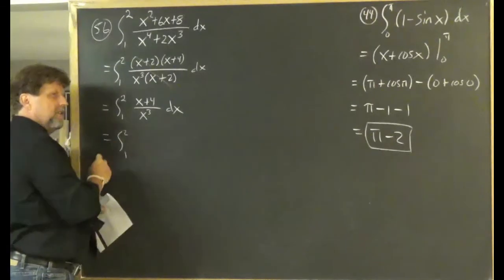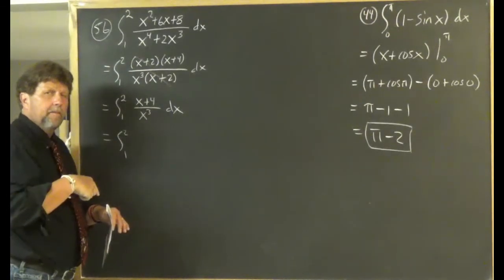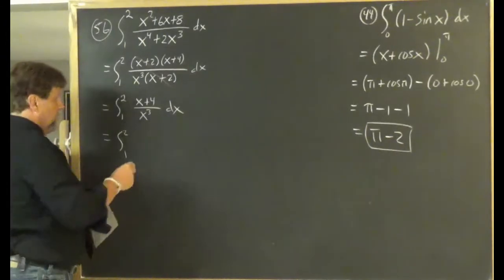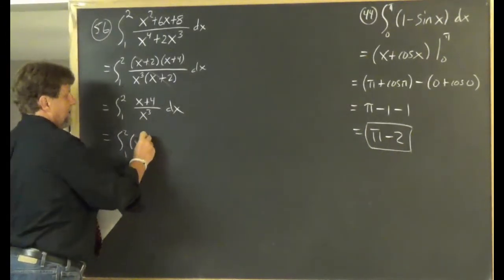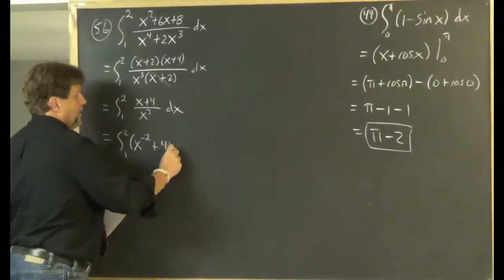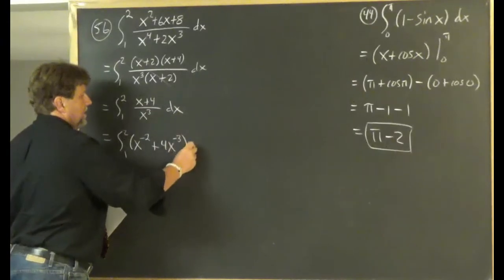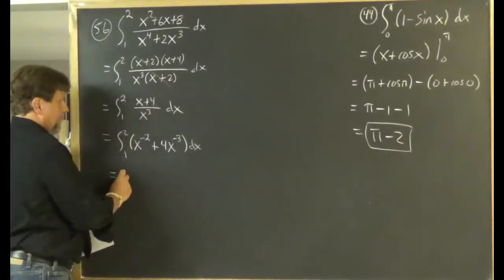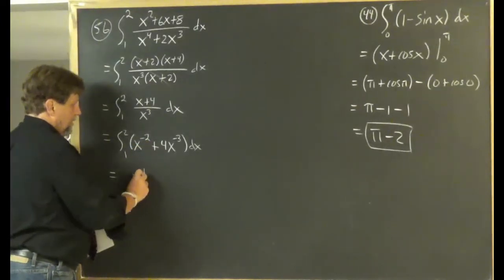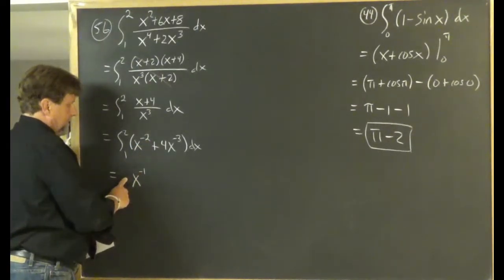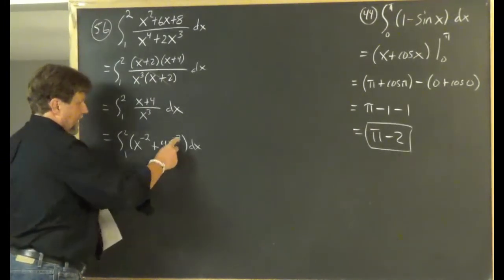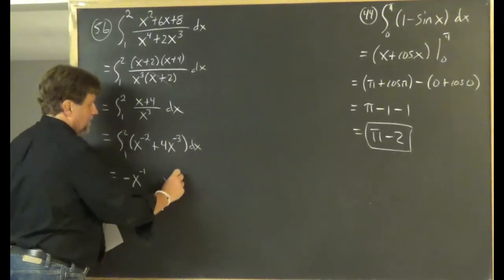Well, x over x cubed, bases are the same, so I would subtract the exponents. So x over x cubed simplifies to x to the negative second. And 4 over x cubed, I'll write that as 4x to the negative third. So I get my antiderivative now. So let's see, I add 1 to the exponent. Out here I put the reciprocal of the new exponent, so that's just a negative 1. Here I add 1 to the exponent.